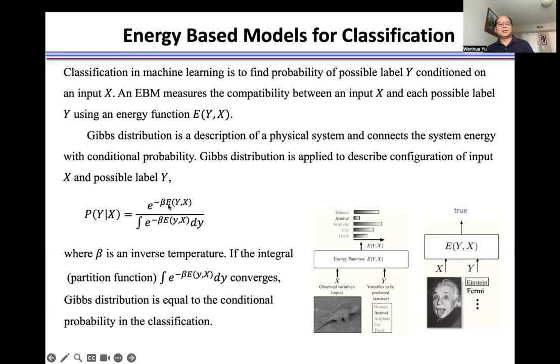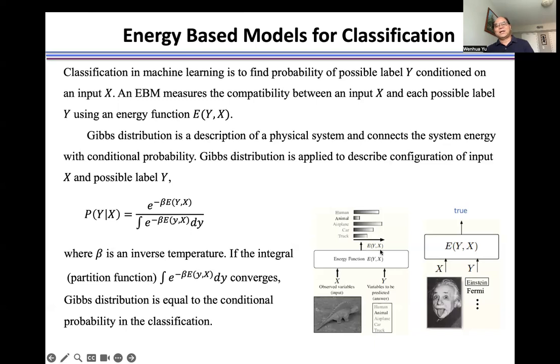Here E is the energy, beta is the inverse temperature, X is the input, Y is the label. This denominator is the partition function. When this integral converges, this gives the distribution equal to the conditional probability.